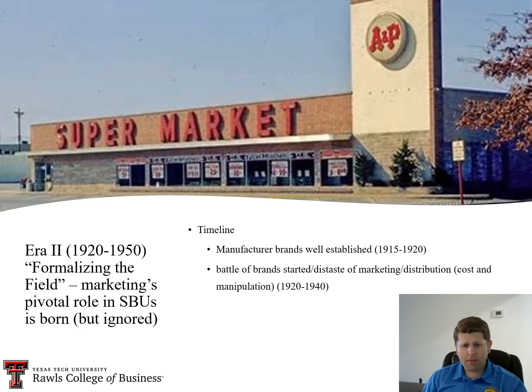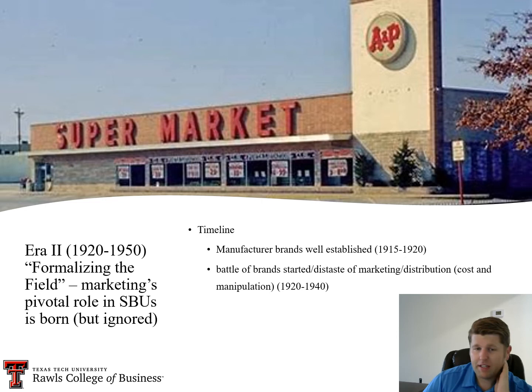However, there became a huge battle of brands during this time, and not only were the individuals and government officials really having a distaste of marketing and distribution, there were other things going on at this time also.